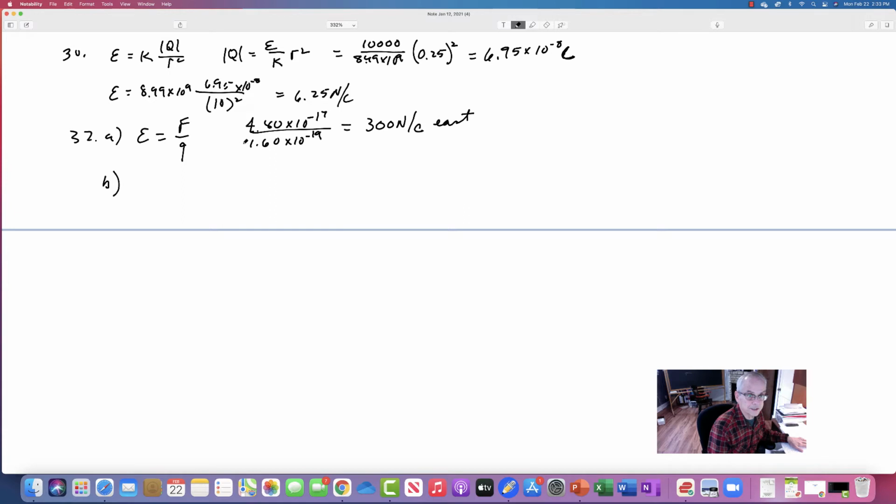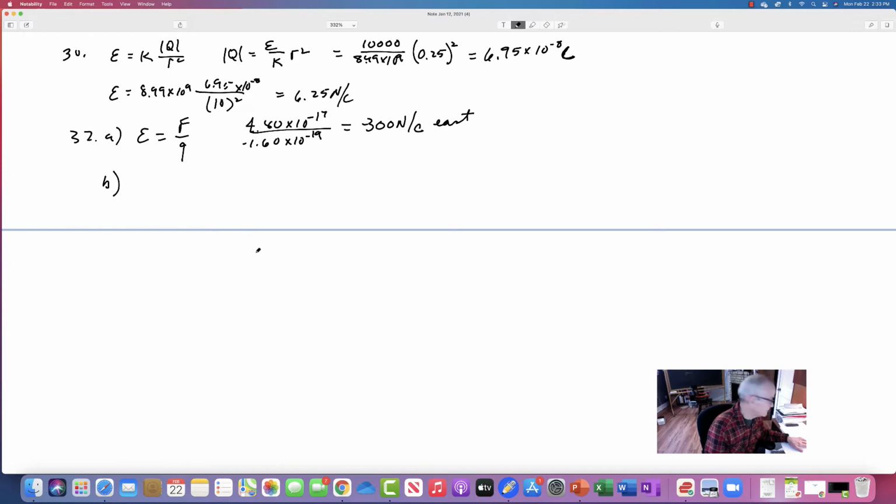Because the charge here is negative, this will be negative, and so that makes it the opposite direction of the force. If you say westward was negative, then it would be east, because then the positive would be eastward.